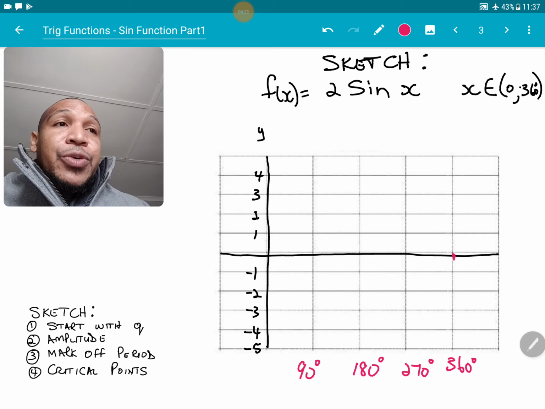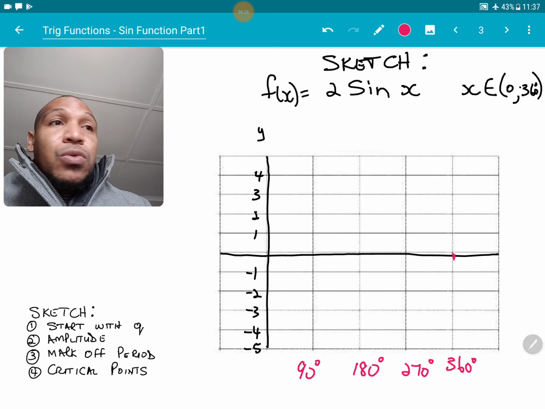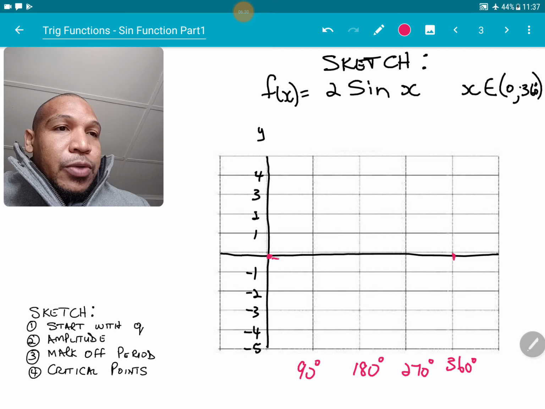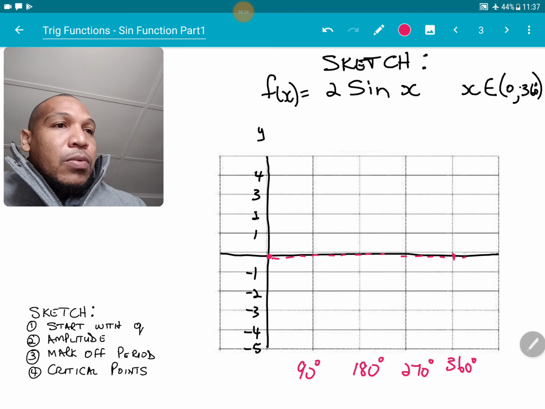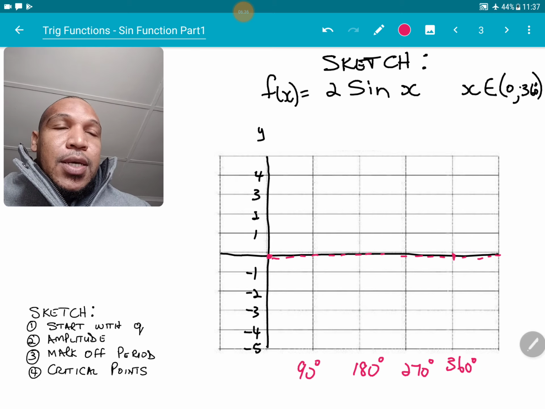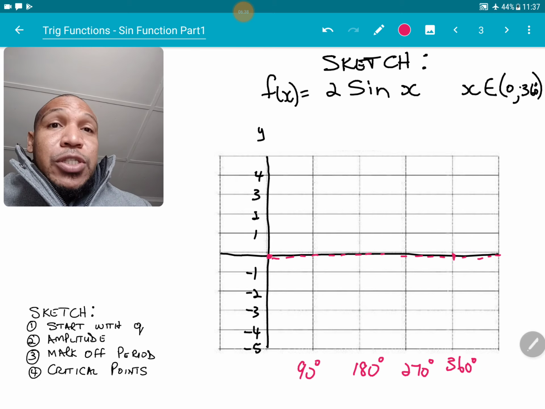The first thing we do is we look at q. Q in this example is 0. So we just mark q there with a dotted line. Then we look at the amplitude, which is 2.